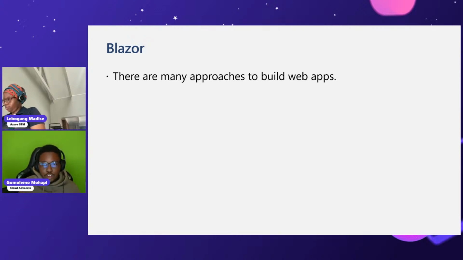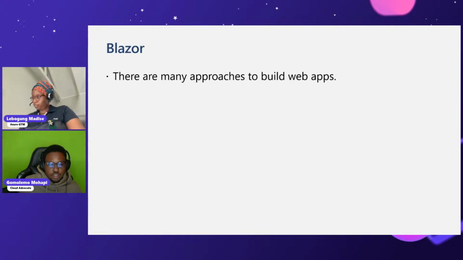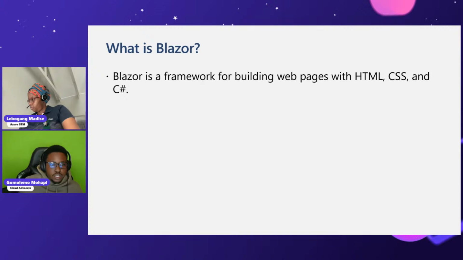But with Blazor, you are able to use HTML and C# to build both the front end and the back end. And that is one of the main features of what makes Blazor such a great framework. But to take you more in depth, Lebo will just tell you a bit more about Blazor.